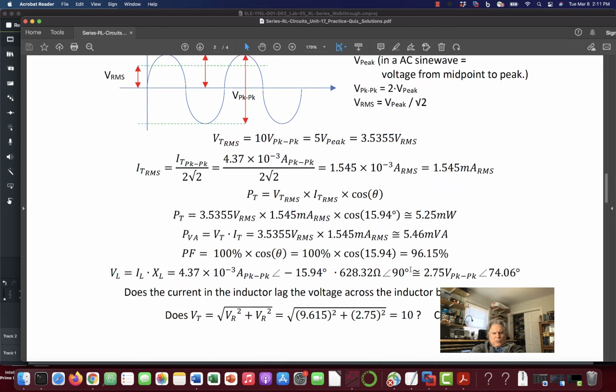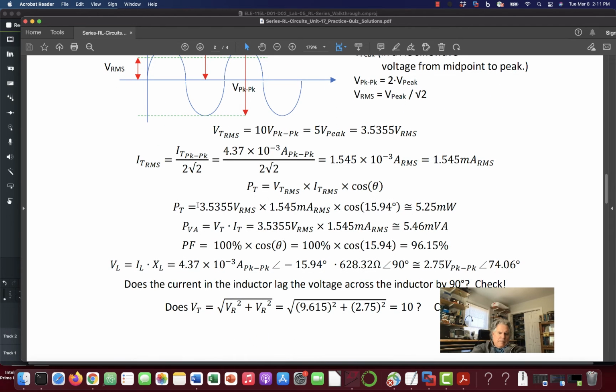So our total voltage, that 10 volts peak to peak, is actually 3.5355 volts RMS. And we can go through the same thing. The total current RMS is equivalent to 4.37 milliamps, which is a peak-to-peak value.